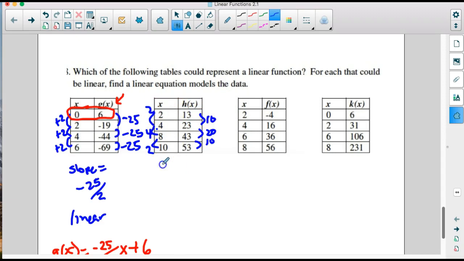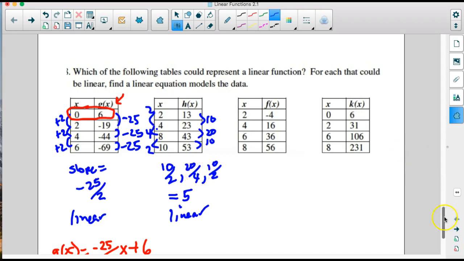Here we have 10 over 2 as the first slope, 20 over 4 as the second slope, and 10 over 2 for the third one. These all reduce down to the same number, which is 5. So this is linear also. They were trying to trick you by changing these values, but when they did that, they changed it appropriately so that you get the same ratio.